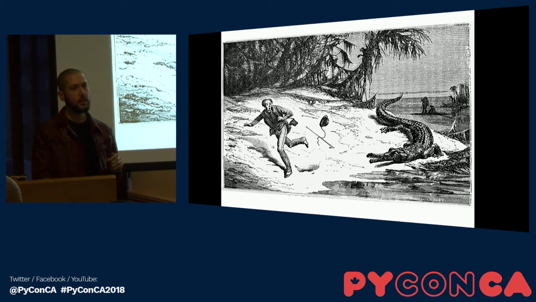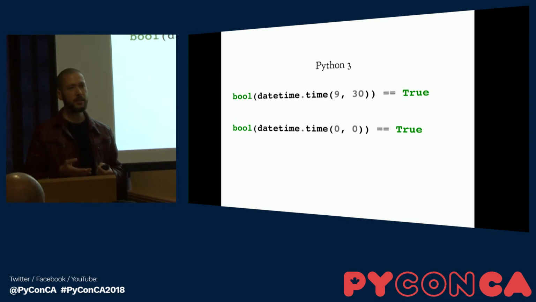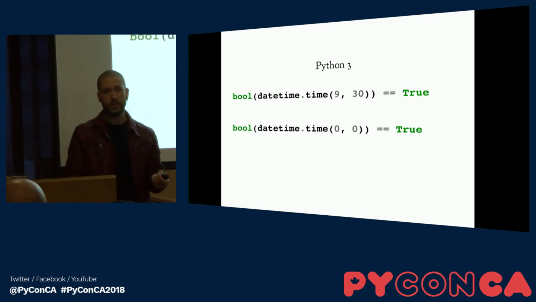But you and I want to write libraries that are easy to use correctly. So it took years of painful debate and change, but eventually in Python 3.5, all times that are not None are now true. But this makes me nervous too, because what about library authors who actually knew about that quirk and were relying on that?